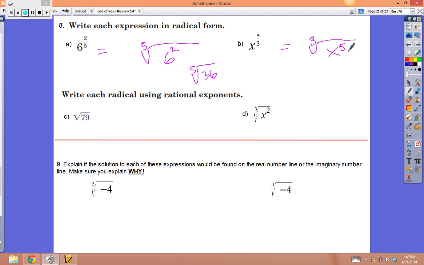So if you've got 5 x's, this cube root's going to cancel 3 of them. So that's the same thing as the cube root of x cubed times x squared, because you have to have 5 x's. So if I break it up into a cube and a square, this cube root's going to kill this cube. So you're going to have x times the cube root of x squared. So 1 x makes it out, 2 stay in.